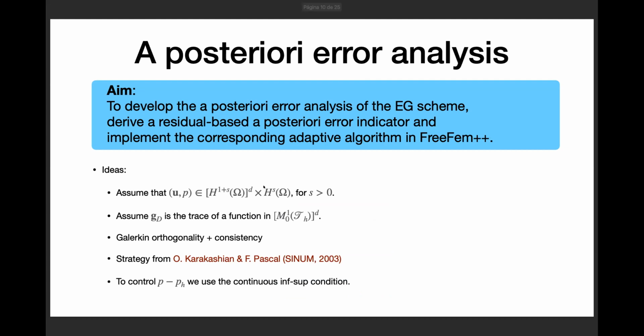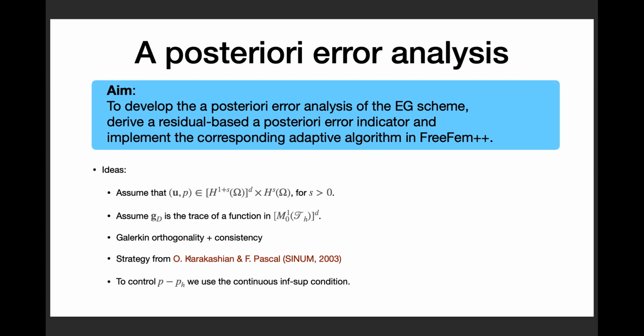So we derived an a posteriori error indicator and implemented the method in different aspects. The proof is quite technical, so I will just give you some ideas. First, we assume that the solution is a bit smoother than usual, in order to give sense to the Galerkin orthogonality and consistency properties that are usually used to develop the a posteriori error analysis.